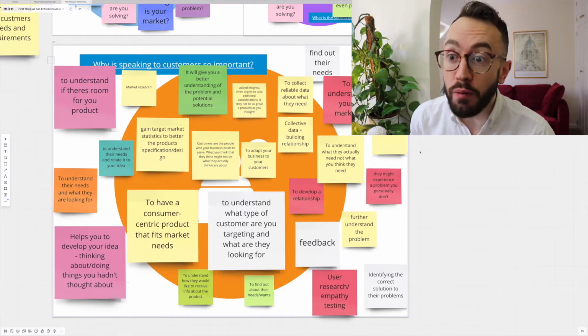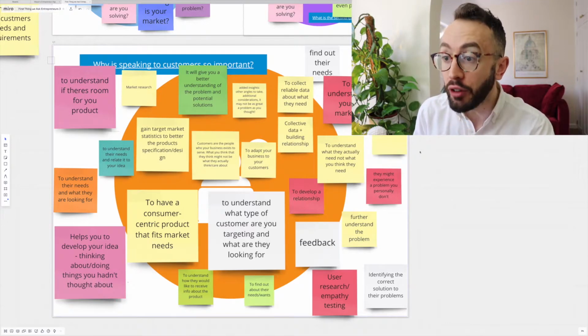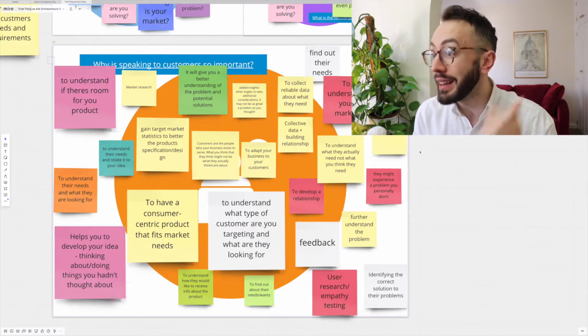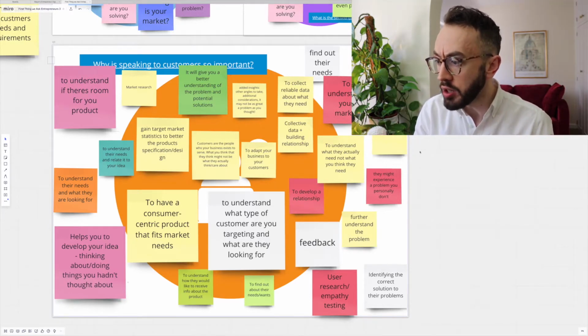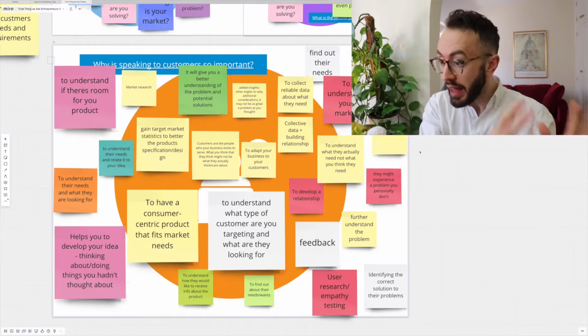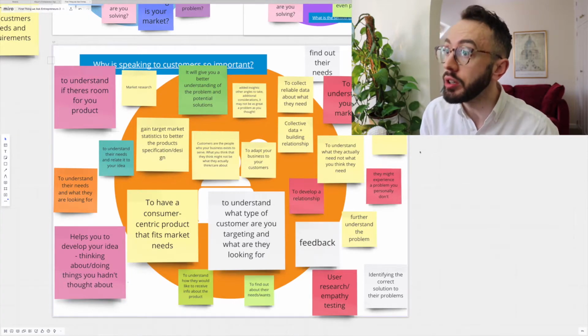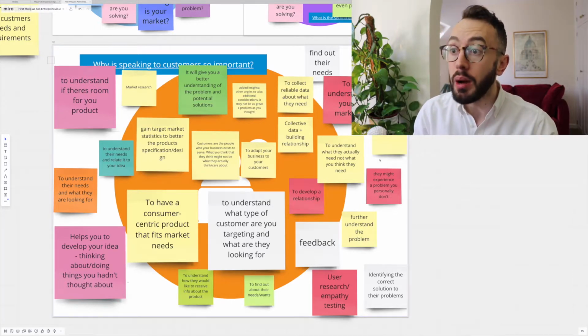So to understand there is room for your product, to understand their needs, what they're looking for, develop your idea, to have a consumer-centric product, it fits market needs, to get feedback, to understand the problem, to build relationships, adapt your business to your actual customer, correct solution to their problem, user empathy, great stuff, to understand how they would like to communicate with you and receive information, to collect reliable data, to establish needs, to get that research, market statistics, better understanding of the problem.